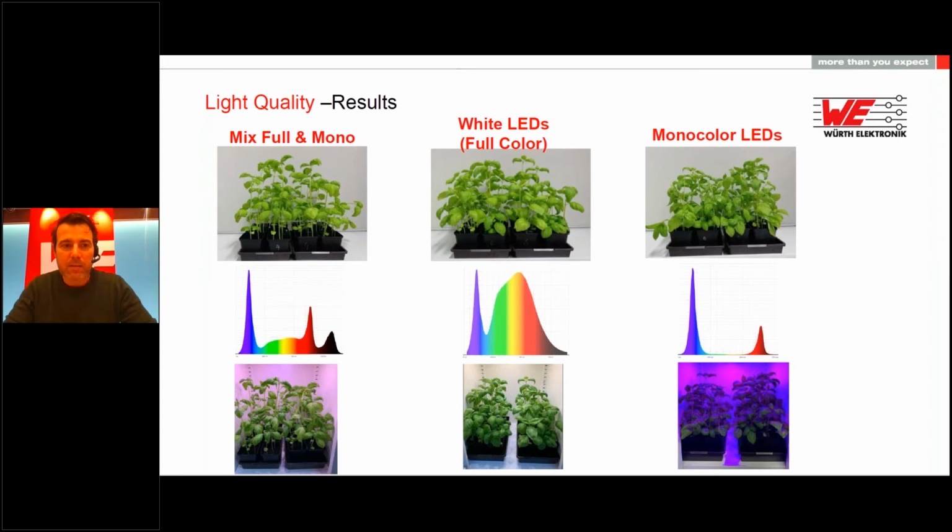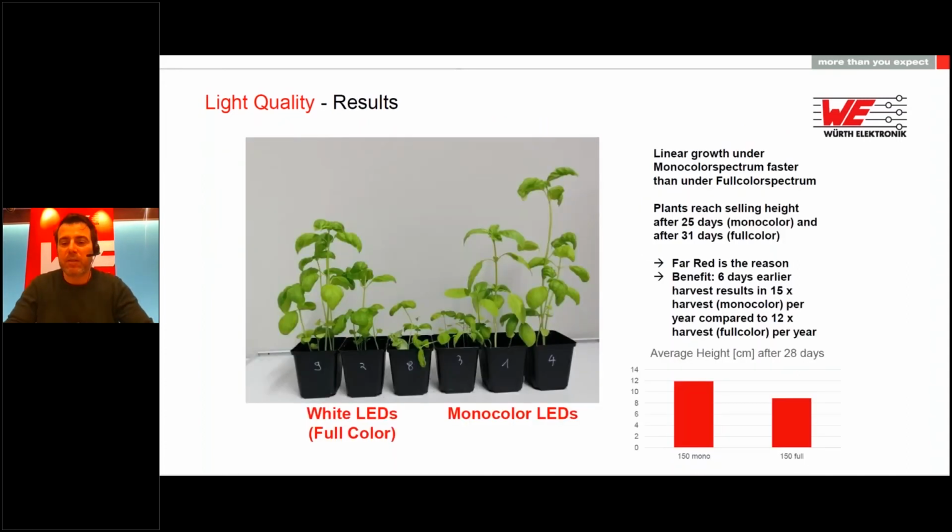Here we have full spectrum with some supplemental light on the left side, only white LEDs in the middle, and the red-blue solution on the right side. All of them work for the plant, but there are small differences which need to be proven in further steps.